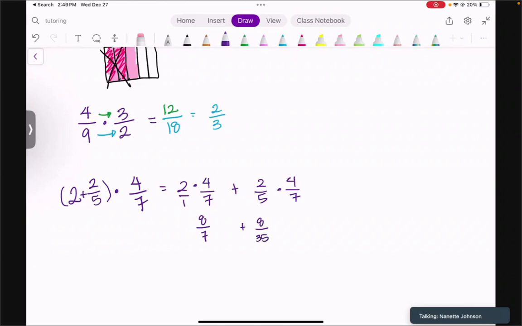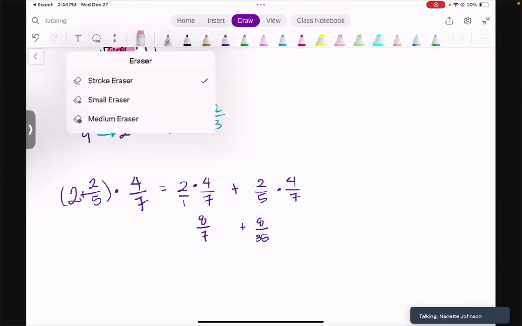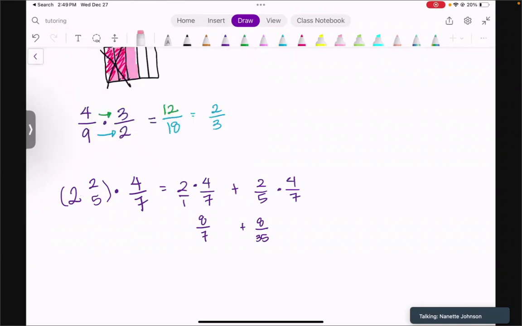So more on this part later, but let's do it how most people are probably used to looking at it, which is they'll convert this number here into an improper fraction. So they say 2 2/5, how many fifths is that?